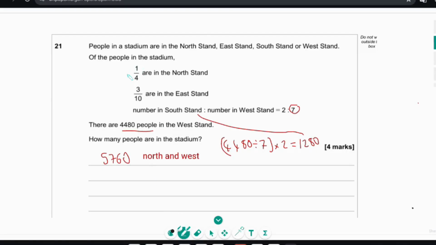I know we've got this fraction of people in the North and East Stands. Let's add them together. We need a common denominator, 40, times by 10, times by 4.